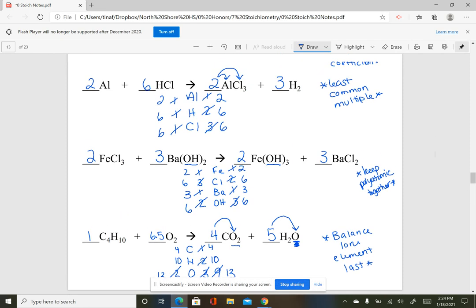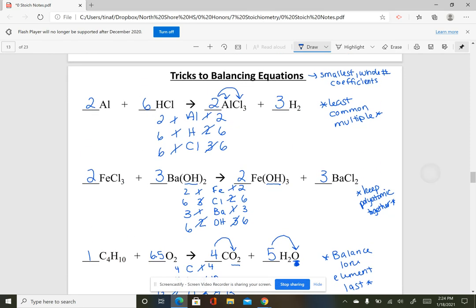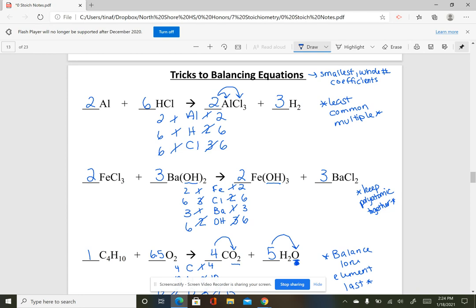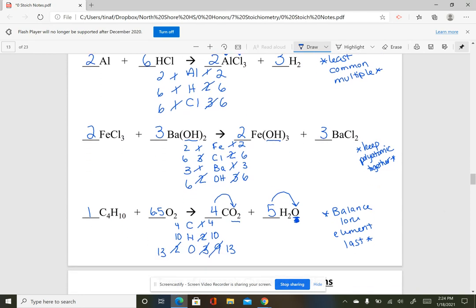Now, if I jump back up to my directions, they say smallest whole number coefficients. So I'm not allowed to leave a 6.5 there as a coefficient. So what you'd want to do then, anytime you have a decimal like a 0.5, if you double it, that's going to make you come out with a whole number. So if I double that, I get 13.